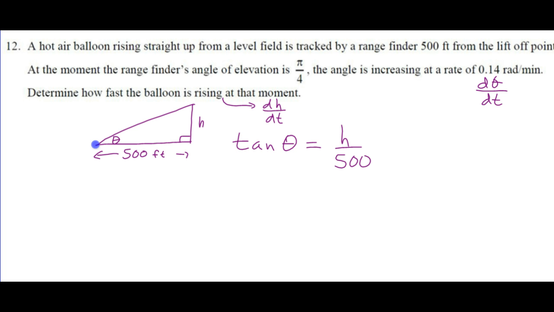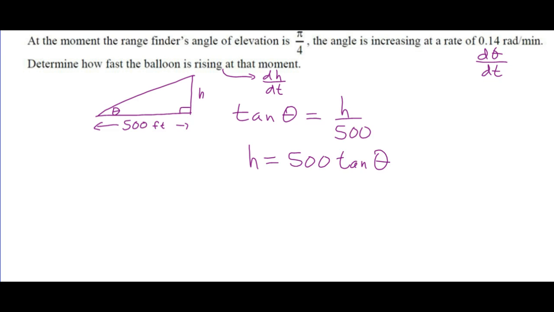Okay, so the idea is let's relate the quantities, then take the derivative with respect to time of both sides. So the derivative of tan theta is secant, well, wait, we could play with this a little bit more. Let's do this: h is 500 tan theta. Because we want dh by dt.